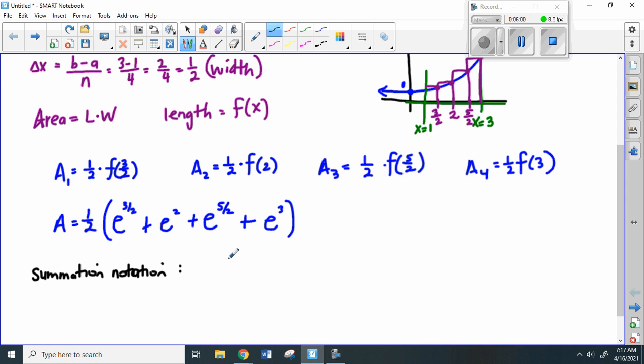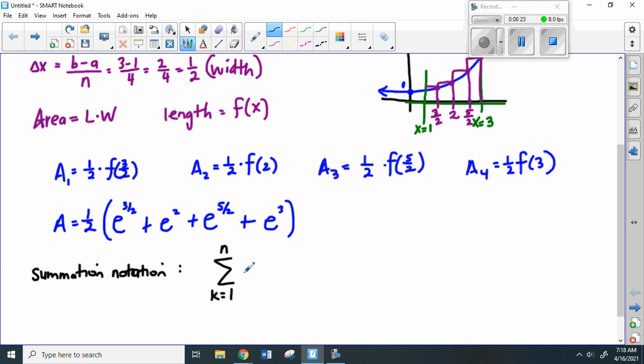So what I'm saying is we want to take the sum, and the variable here doesn't really matter as long as it's not n, because n is going to be the number of rectangles. So you can do k here or i, those are the two common ones. You start from one rectangle all the way up to n.